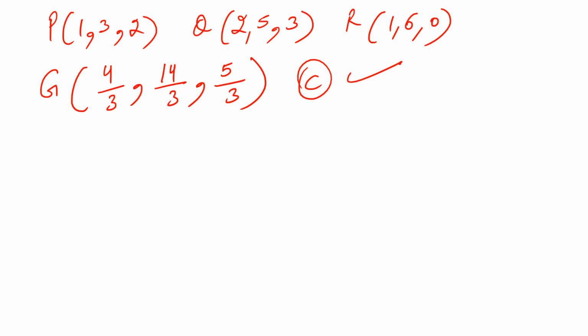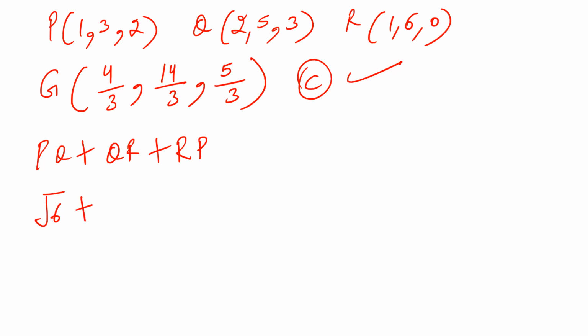Now students, we check the last option D. And to check the option D, we need to find the perimeter of the triangle PQR. So that means we need to calculate the lengths of all the sides of this triangle. We have already found the value of PQ as root 6. Now we just need to calculate the remaining two lengths.